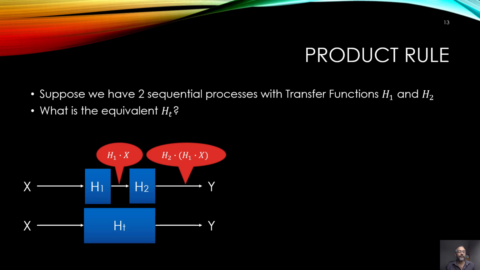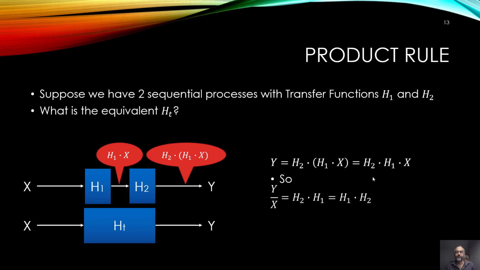That's H1 times H2. If you look at the output at this stage, so what's coming out of the first process, that's H1 times the input, H1 times X, that's the input for H2. So what's coming out of H2, that's H2 times the input of H2, which is H1 times X. And it's a multiplication, and the dot here is simple multiplication, so you can change the order, H2 times H1 or H1 times H2, that doesn't matter.